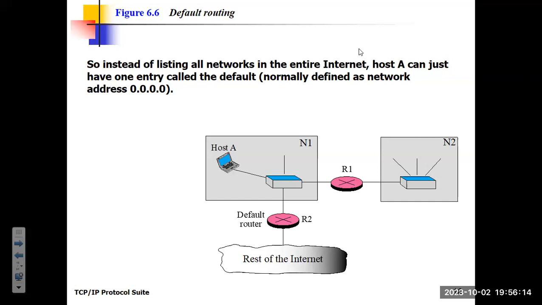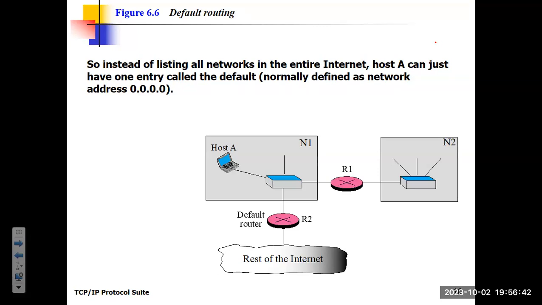Perfect. But I don't know what else is out there. I don't know how many routers are out in the internet. So what you can do: if I'm sending data to network 1, 2, or 3, you can specify that. Then tell this packet, for anything else, if a packet is not going to N1, N2, or N3, then go to the default. I will show you an example. So we have another route, called the default route.